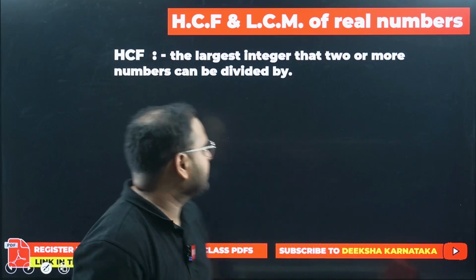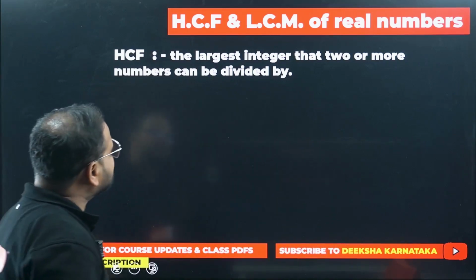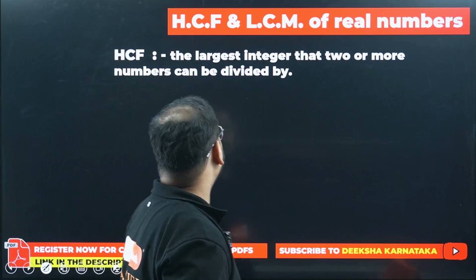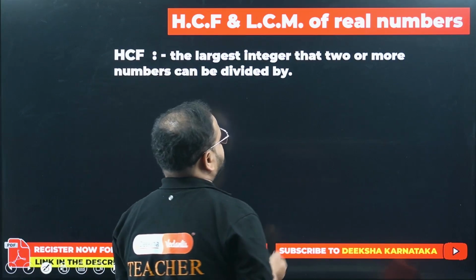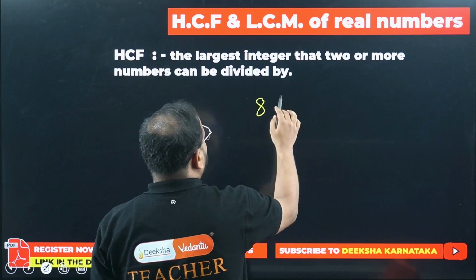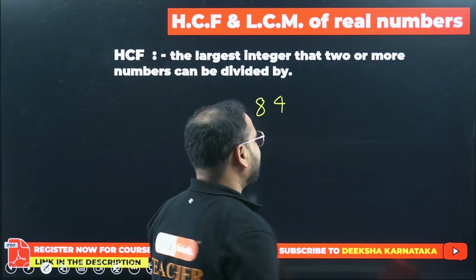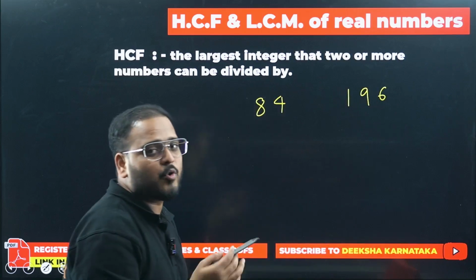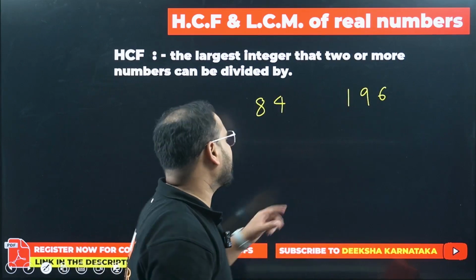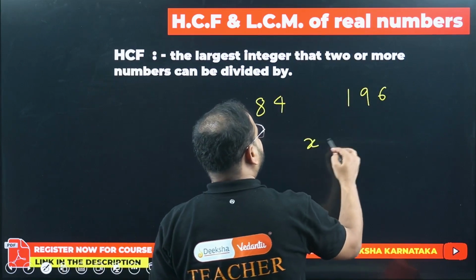So for now, what is HCF? The largest integer that two or more numbers can be divided by. If I take two numbers, let's say 84 and 196, the largest number I can divide both of them by. I should take a number x such that it divides both these numbers.